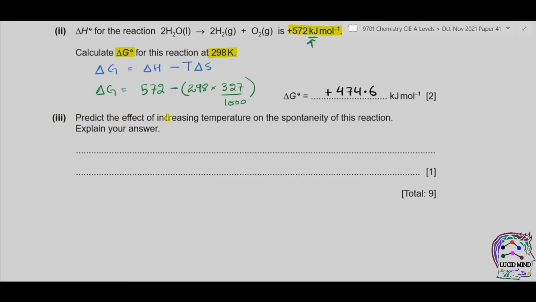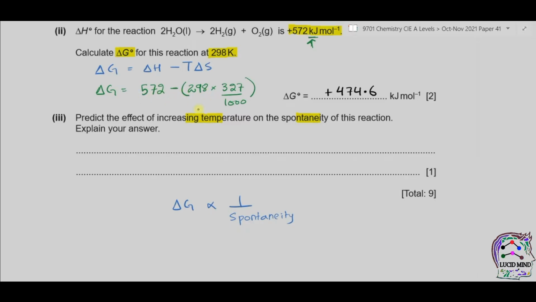Part 3, predict the effect of increasing temperature on the spontaneity of this reaction. Explain your answer. For Gibbs free energy, you should always remember that it is inversely proportional to the spontaneity. So as we can see, if temperature is increased, T delta S will increase, and delta G will decrease, because we are subtracting this value from 572.